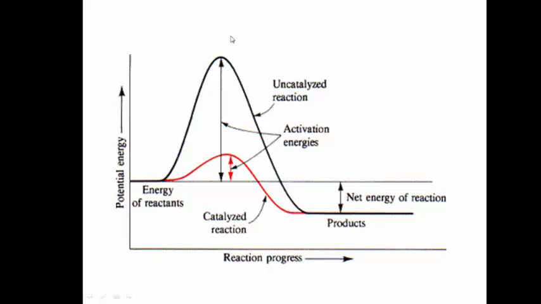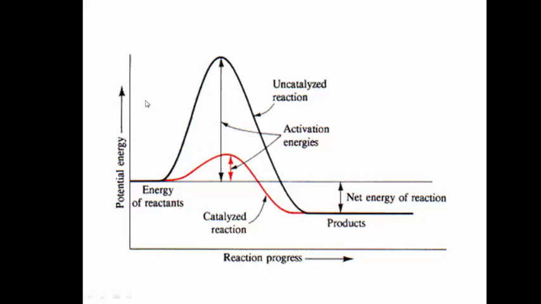The big difference is here in the middle. This double-sided arrow here is the activation energy for this reaction when there's no enzyme present. The red double-sided arrow is the activation energy in the presence of an enzyme.